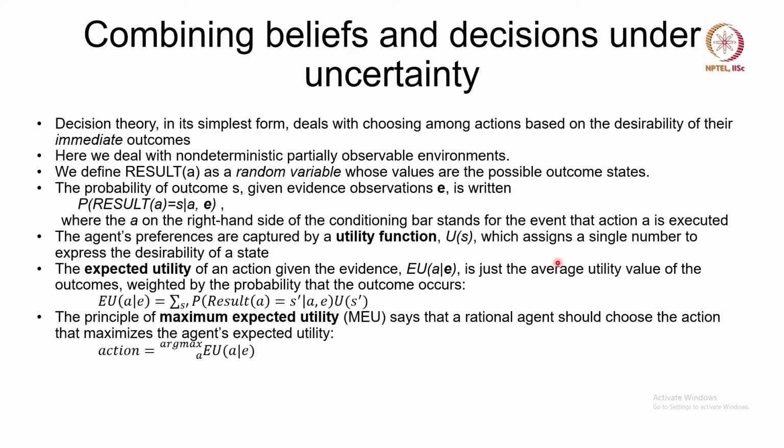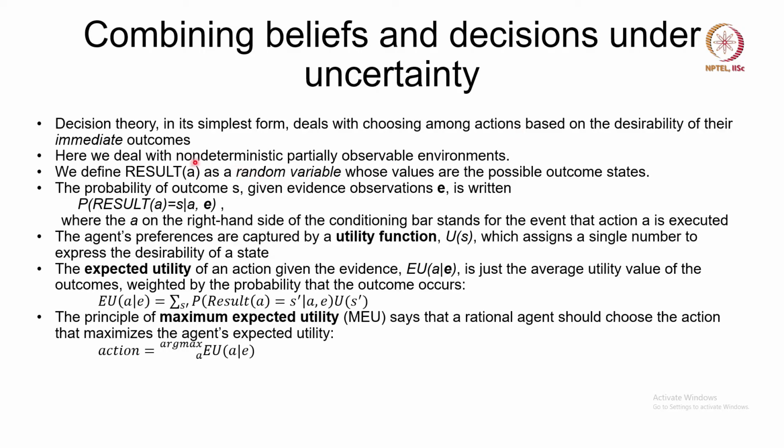So decision theory deals with choosing among actions. We have a number of actions which are possible. So how do you choose among these actions, on the desirability of the immediate outcomes?